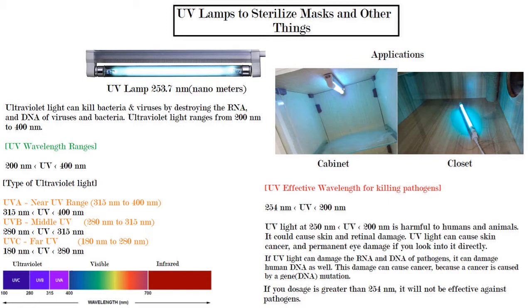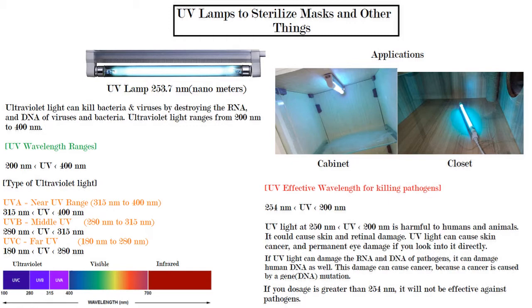That would be far UV light, and that would be the most effective in sterilizing things, to get rid of pathogens. But UV light at 250 nanometers to, let's say, 180 nanometers is harmful to humans and animals as well. It could cause skin and retinal damage.